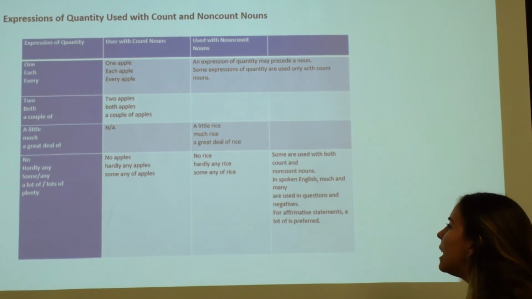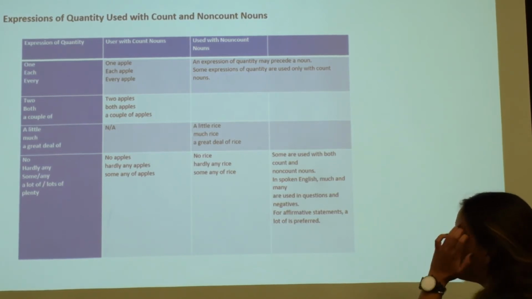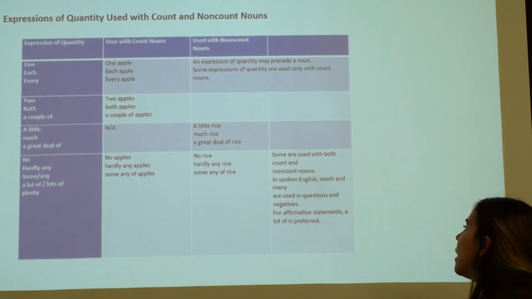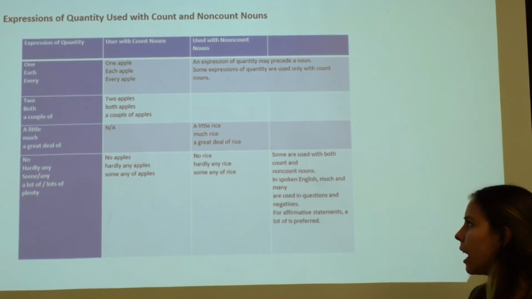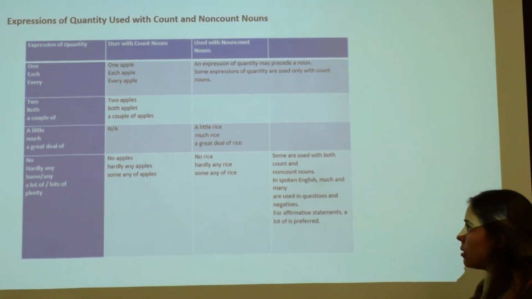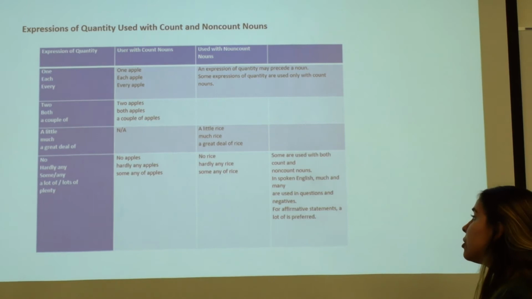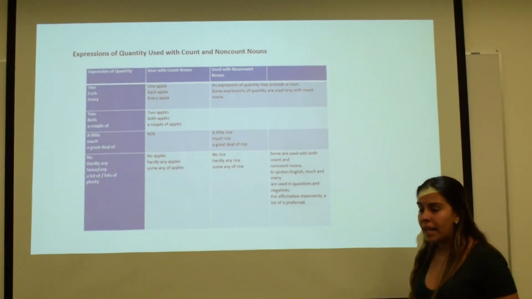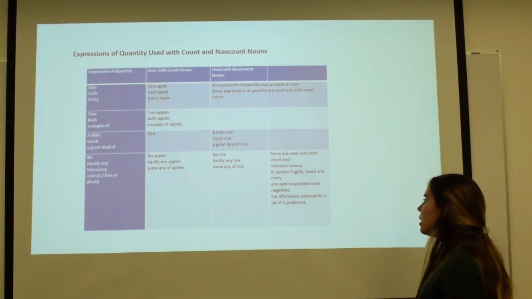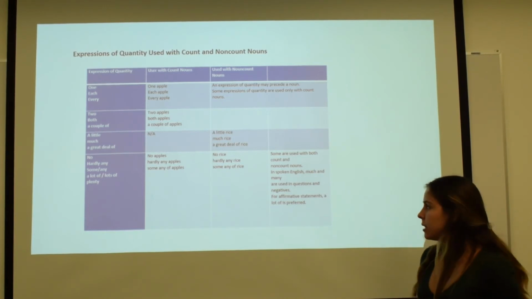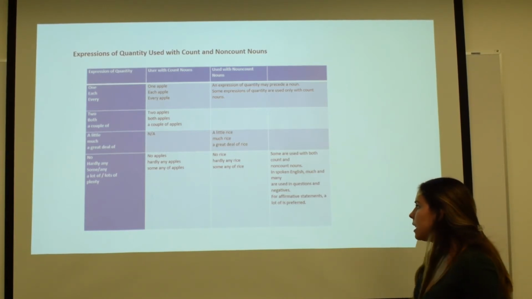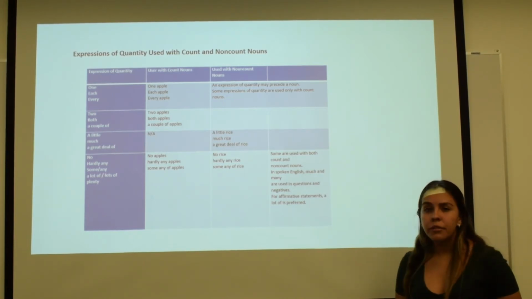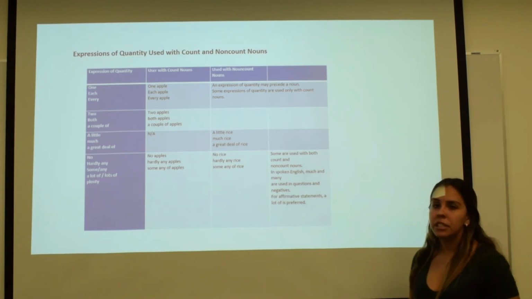No rice, hardly any rice, some, any rice. And as well, some are used with both count and non-count nouns. In spoken English, much and many are used in questions and negatives. For affirmative statements, a lot of is preferred.